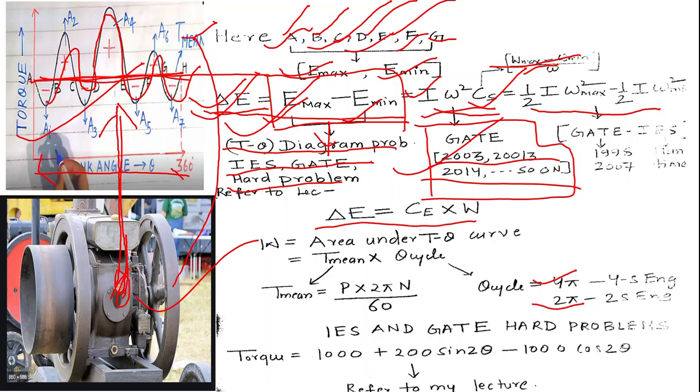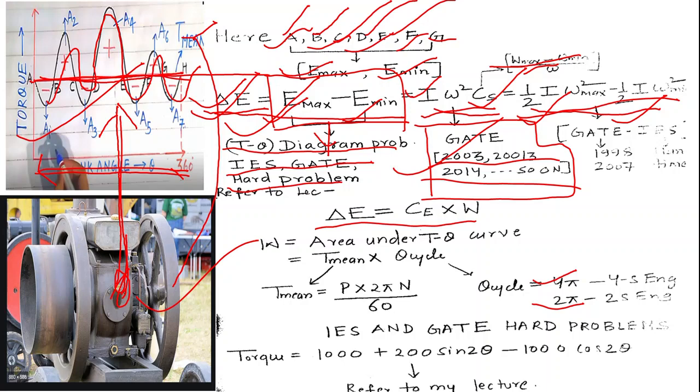Now look at the next thing. You can find the value of delta E using this, because in a certain part of the cycle, that is the whole cycle, at a certain point the angular velocity of the flywheel will be maximum, and at a certain point the speed of the flywheel will be minimum. So you can find delta E, the maximum fluctuation of energy in the cycle, by subtracting the angular kinetic energy when the velocity of the flywheel was minimum from that when the velocity was maximum.